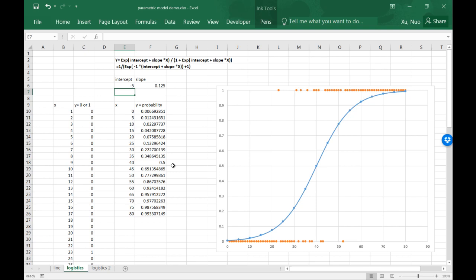So we notice by changing these two numbers, we can control where the center of the curve is located, also the degree of the steepness of the curve.